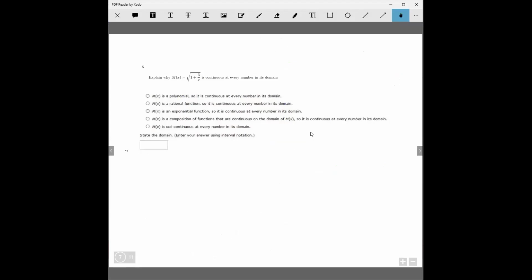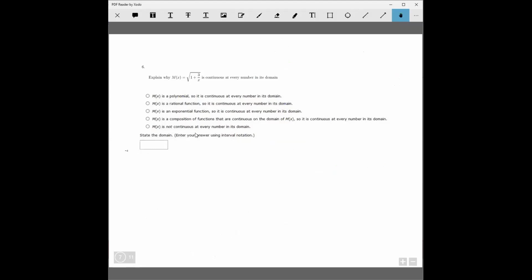Okay, number 6. Explain why m of x equals the square root of 1 plus 3 over x is continuous at every number in its domain. The textbook gives you a list of functions that are continuous everywhere in their domain.